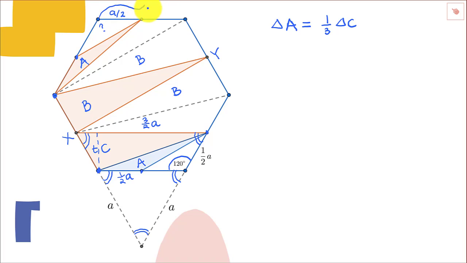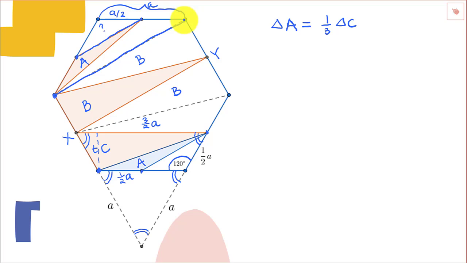And the leg of the bigger triangle is A. Which means that this one compared to that one is in the proportion 1 to 2, right?